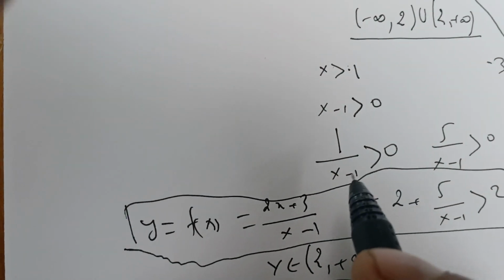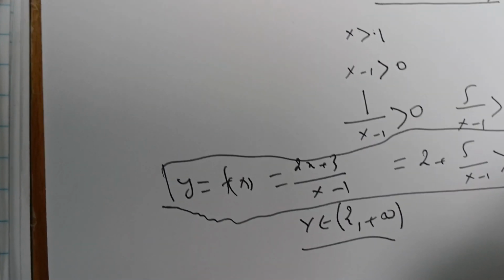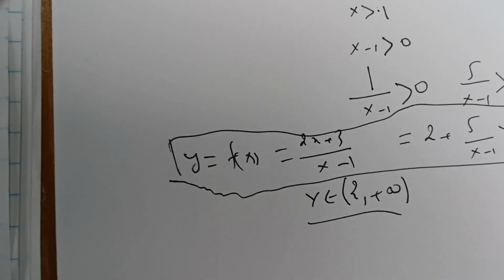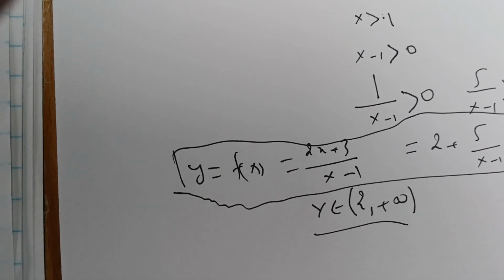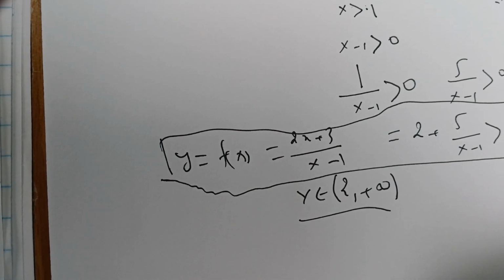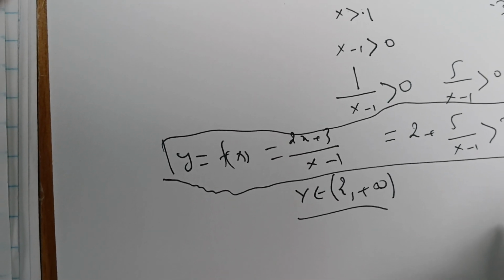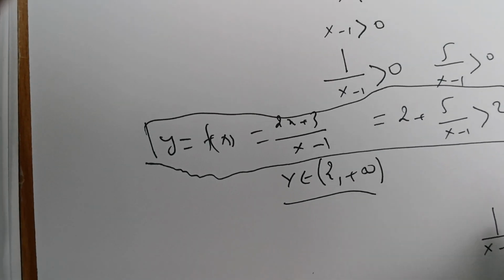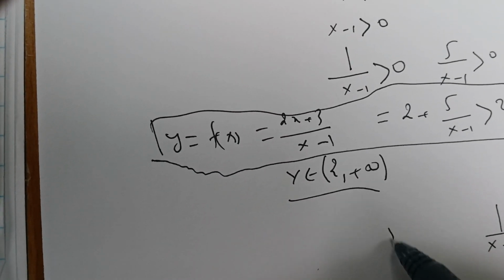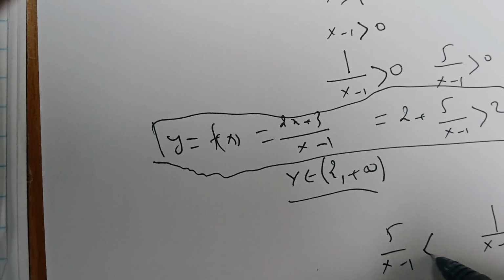Now let's see when x is less than 1. If x is less than 1, then x minus 1 is less than 0. When we flip it, it's still negative, so 1 over (x minus 1) is less than 0. If we multiply by 5, we still have 5 over (x minus 1) less than 0.